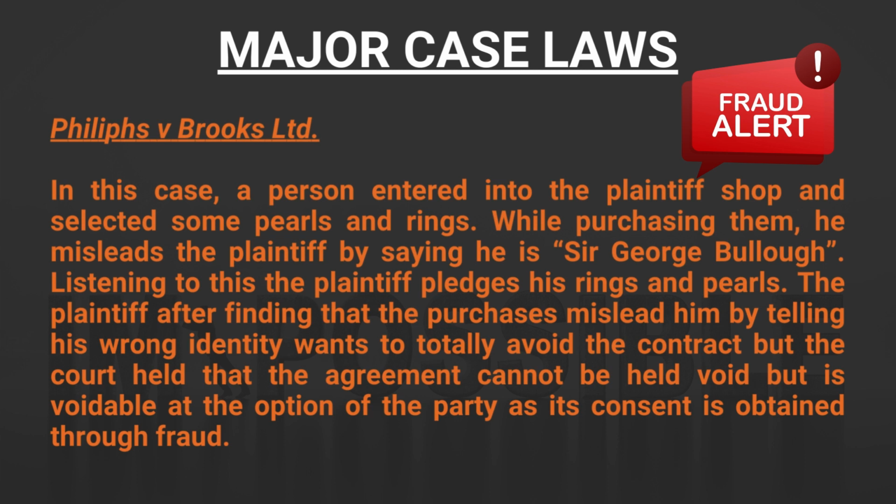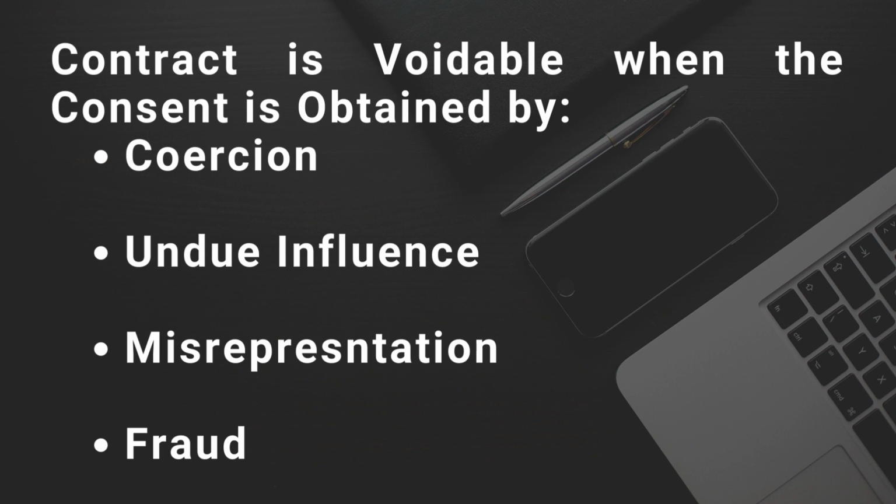So when we are trying to establish this, we must know the conclusion part. It can easily be concluded that if any agreement's consent is affected by coercion, undue influence, fraud, or misrepresentation, it is voidable at the option of the party whose consent was so caused.